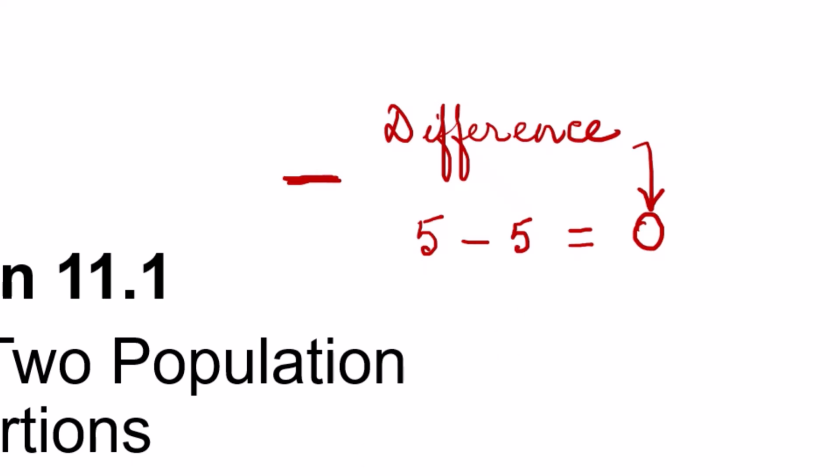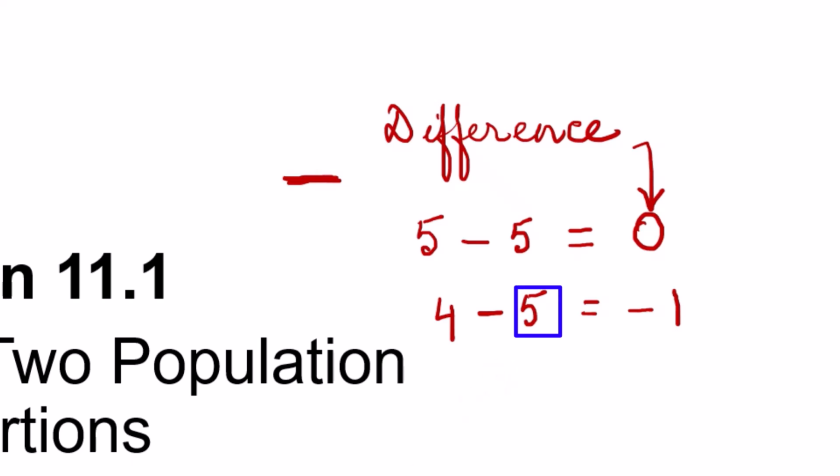If we were to have a negative value as a difference, correct? Let's say our difference is -1. What does that tell us about the numbers that we are subtracting? That means the second number in the difference is greater than the first number, correct?